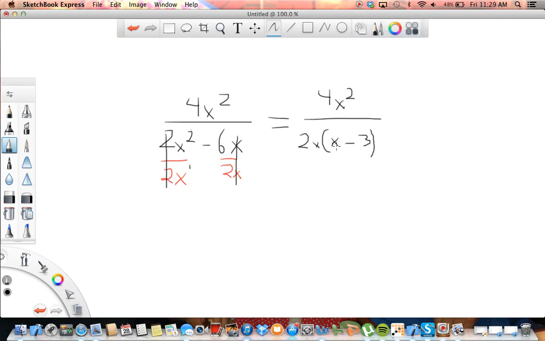Now we finished factoring out this denominator completely. So what we want to do now is take a look and see what our excluded values are. Now in the last ones we only had one variable in the denominator, but in this one you can see we've got 2 variables here. And that simply means you're going to have 2 excluded values. It makes it actually kind of easy. So here's what you do.